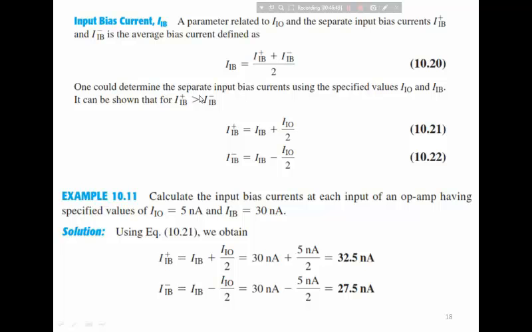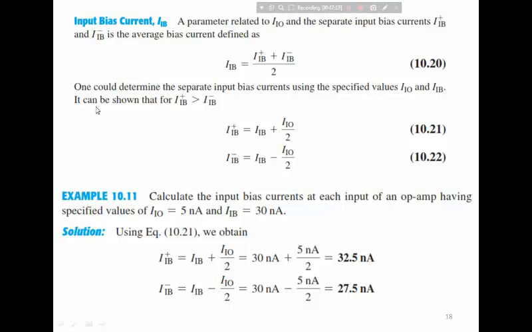One could determine the separate input bias currents using the specified values of input offset current and input bias current, which we can relate these two parameters to determine the current of each terminal of the op-amp.